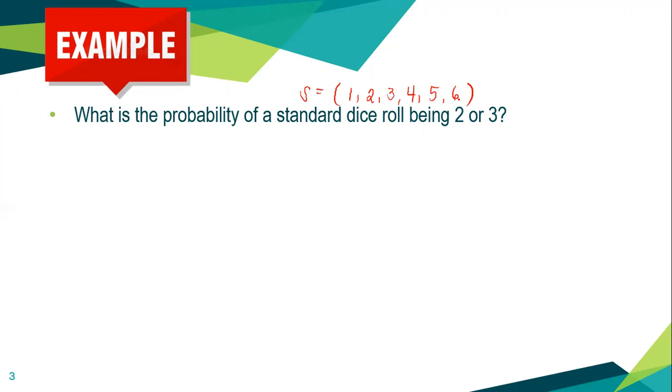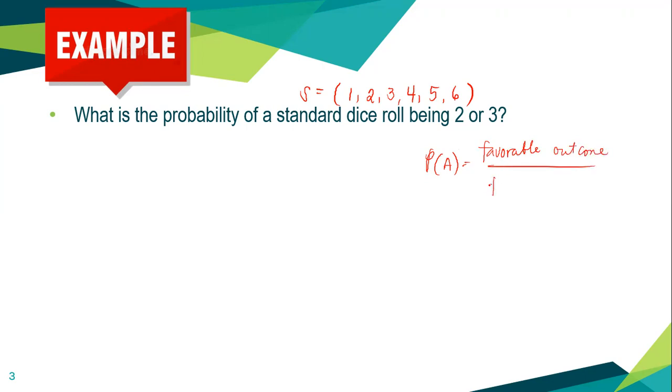But the question is asking for the probability of the outcome being 2 or 3 in our experiment. Okay? So this one, if you can still remember the formula for getting the probability of a certain event, we have the probability of, let's say, A is equal to favorable outcomes. Tama?